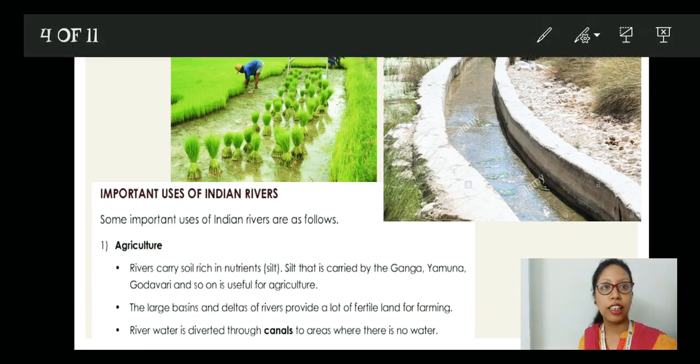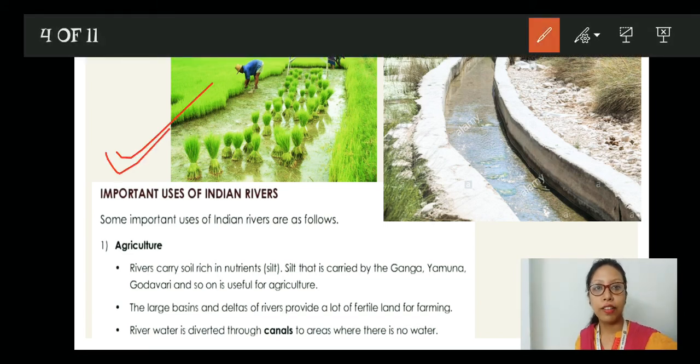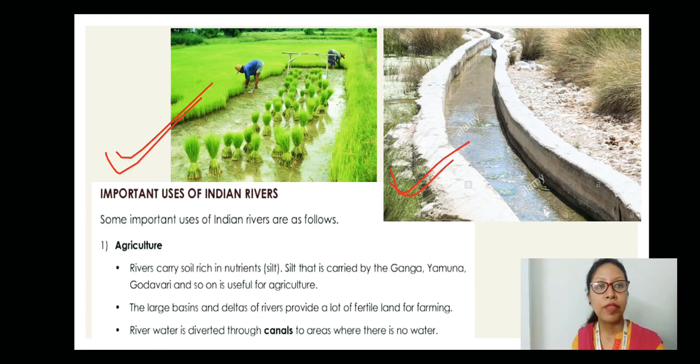As you can see in this picture, this is the fertile land where rice cultivation is being done. The person is doing rice cultivation. And the second picture is the canal. So this is the water from the river. Suppose an area is far from the river, what they do is they make a canal.